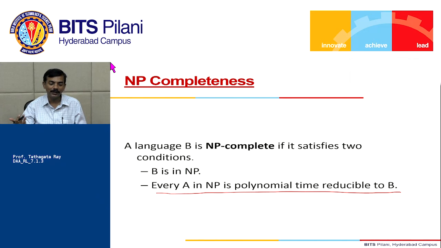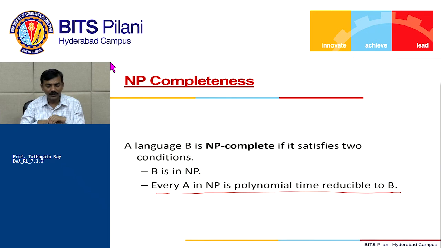Now let's understand again what it means. This is the very interesting part. Essentially what we are trying to categorize is that there are a bunch of problems which are related to each other, and if I can solve one of them, I can solve all of them in polynomial time. That's what it is saying.